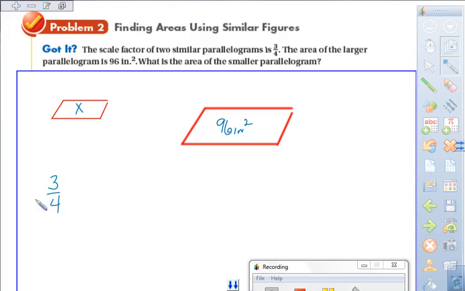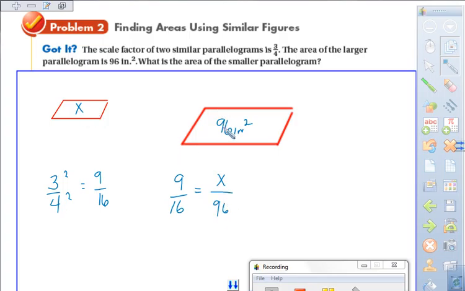So we want to take this and turn it into a ratio that we can compare our areas with. So I'm going to square, and I get 9/16. So 9 over 16 has to be equal to the ratio of these areas. So 9 is the smaller, so x is going to go on top. 96 is for the bigger shape, so that's going to go on bottom.